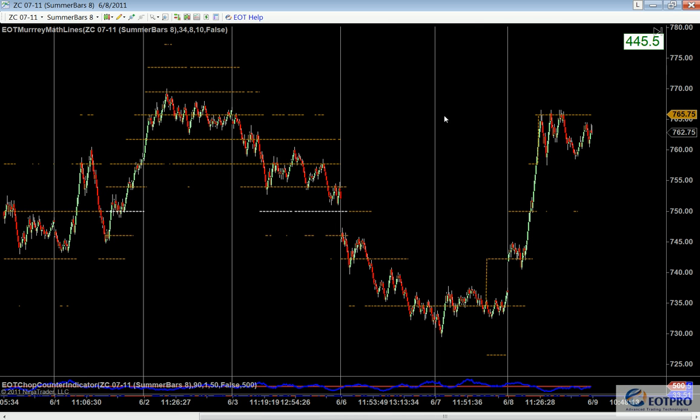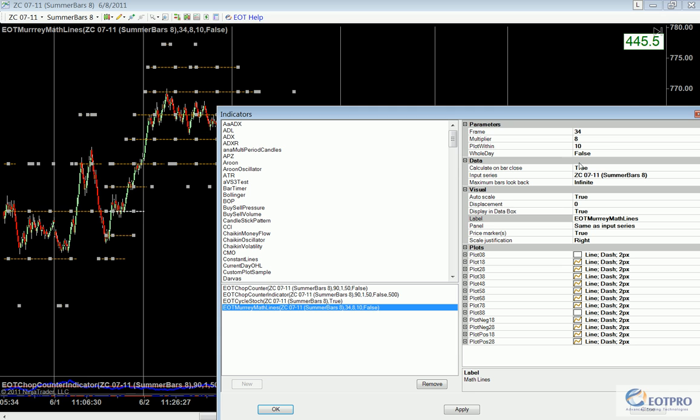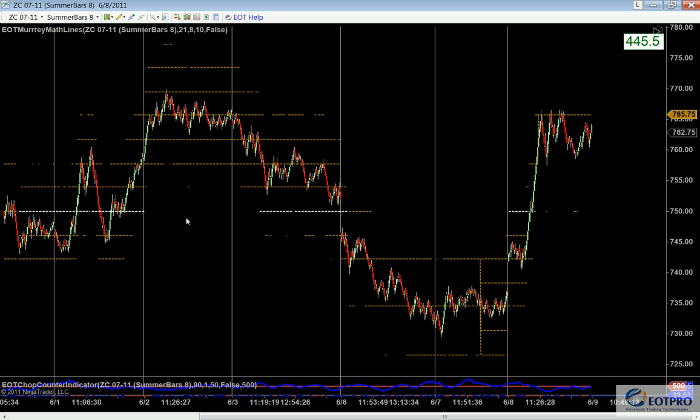There are some underlying calculations to Murray Math that you can adjust as well. First of them is frame. It's almost like a moving average, but not. It just looks at how many bars Murray Math is going to calculate on. So if you want to make it more reactive, a little more sensitive, you'll reduce the number in the frame from like 34 to 21.